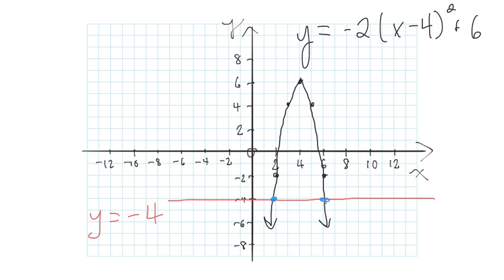What I'm really looking for is the points of intersection. You'll note I have two of them. For the first one, the x value has to be a little less than 2, like 1.8 or something like that. You can tell because this one here has an x value of 2, so this one has to be a little less. And likewise over here, this one should have an x value a little greater than 6 by the same reasoning.